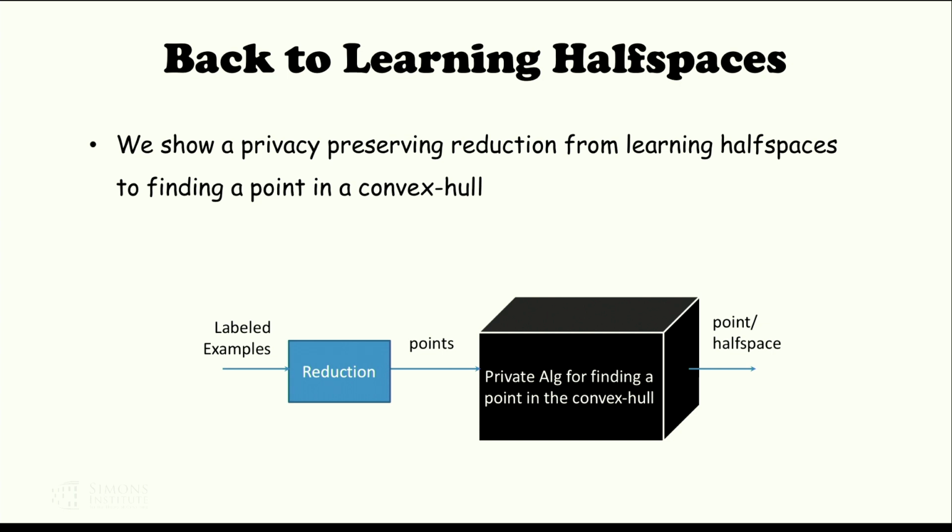This algorithm returns a point, and we will understand this point as a half space that we return. Beimel et al. showed a reduction for the case d equals 1. This reduction doesn't work, at least we don't know how to make it work, for d bigger than 1. So we show a different reduction, which is more complex.